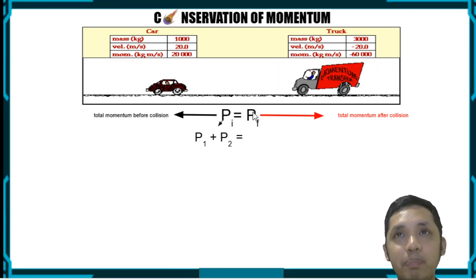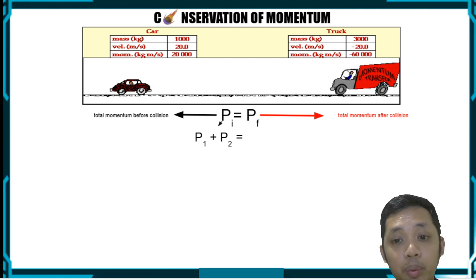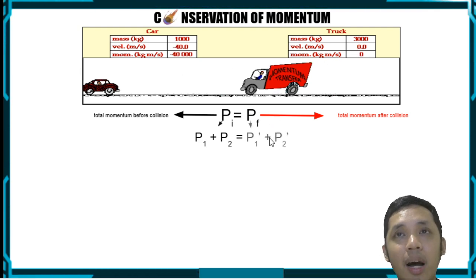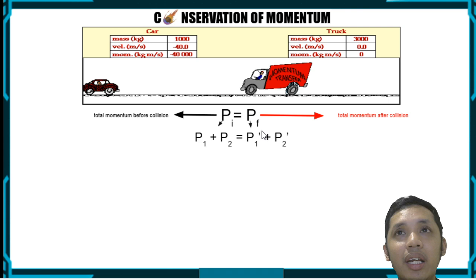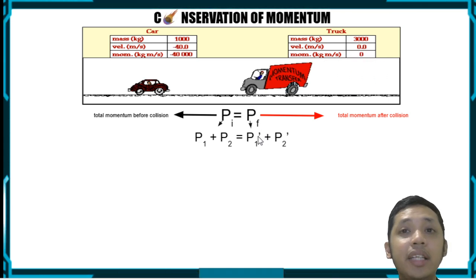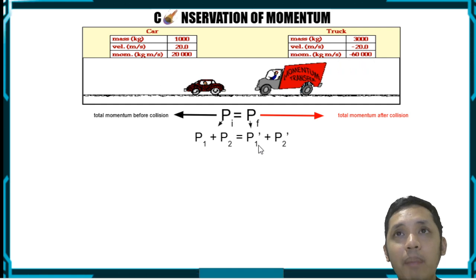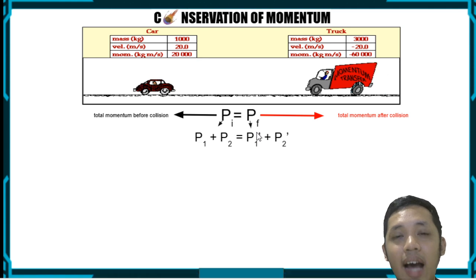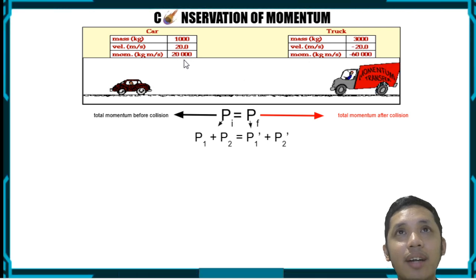And then for P sub F, the subcomponents will be the momentum of each vehicle after the collision. So we'll just have a little change in terms of the symbol. So we will place a prime as an indicator that the momentum changes. Okay? So, P sub 1 prime, that is the momentum of the first car after the collision. So, that is negative 40,000 kilograms meters per second.